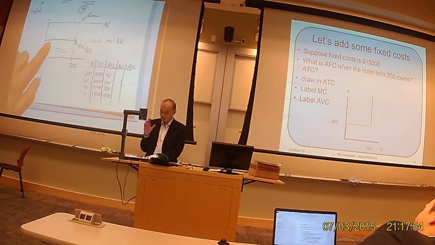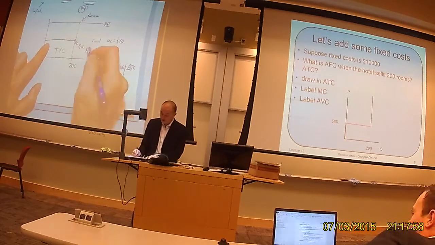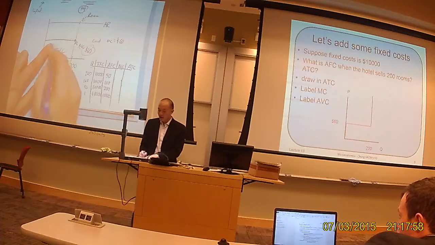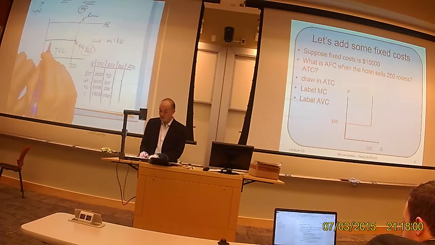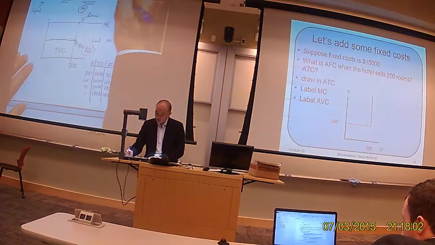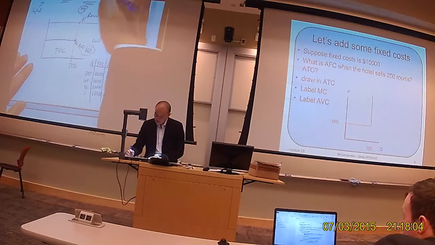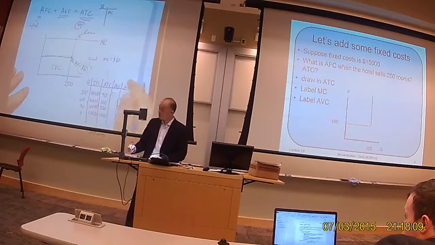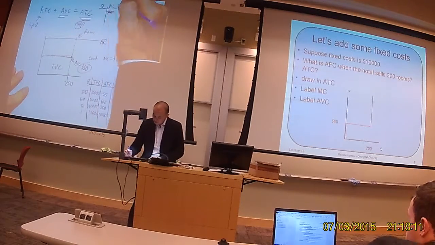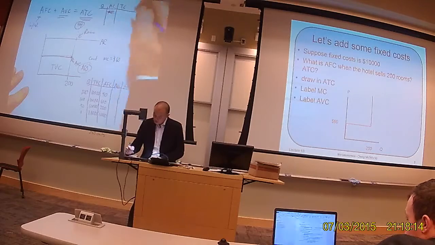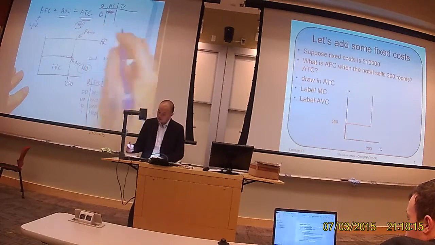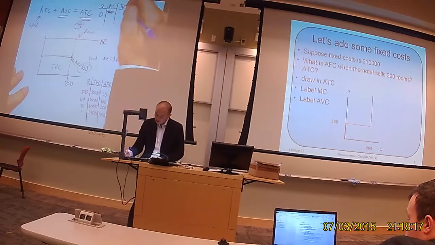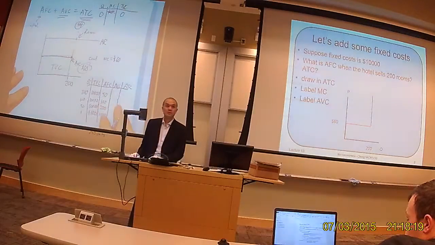Now, you'll jump and say the answer is 60, so I'll tell you the answer is 60. But how do we know the average variable cost is 60? Well, let's make another small little table: Q equals 1, marginal cost, total cost. By definition, when you have 0 units, the total variable cost is going to be 0.